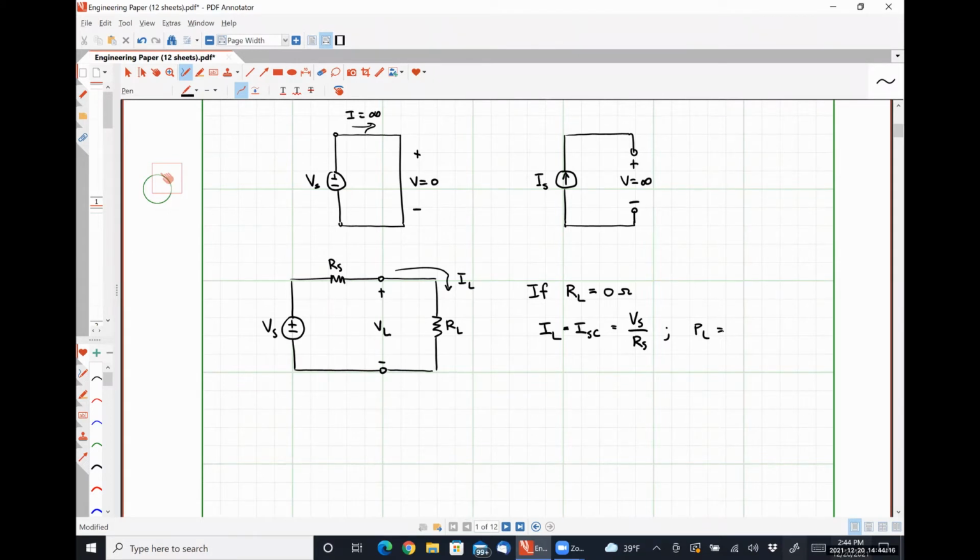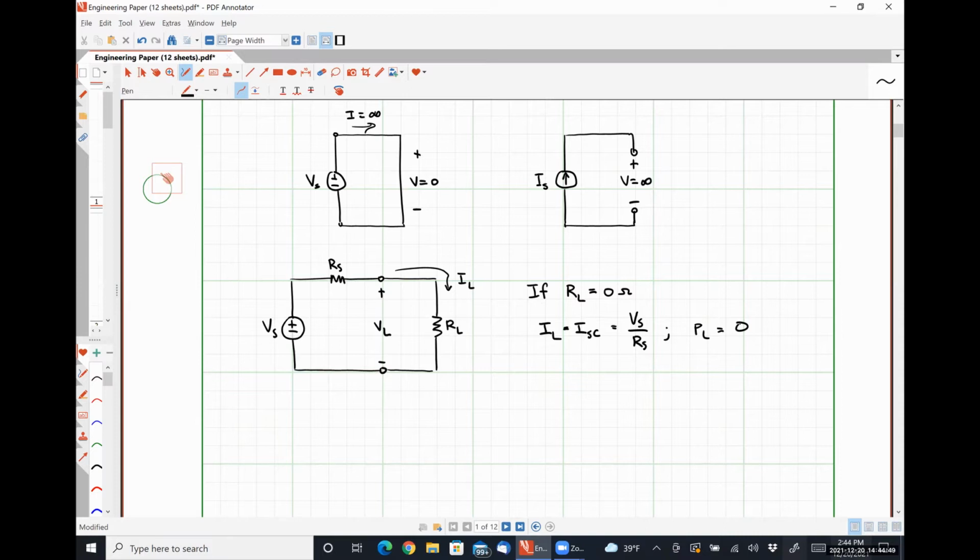Well, in this case, the voltage VL is 0 because our RL is a short circuit. So we have 0 squared divided by the resistance of 0 ohms. So I would argue power absorbed should be 0. Another way to think about it, if RL is 0, VL is 0, and so VL times the current has to be 0 as well, right?